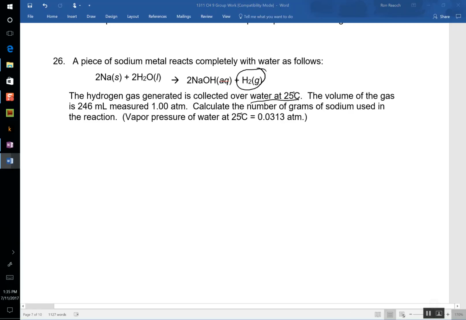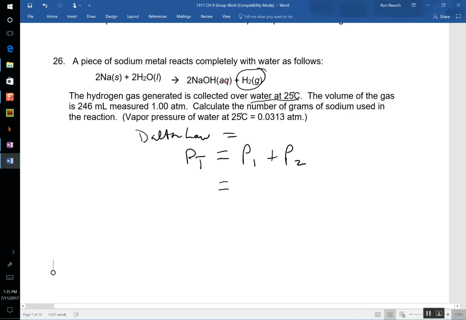And we use Dalton's law of partial pressures. Dalton's law says this, that the total pressure of a mixture of gases is equal to the sum of the individual pressures of those gases.